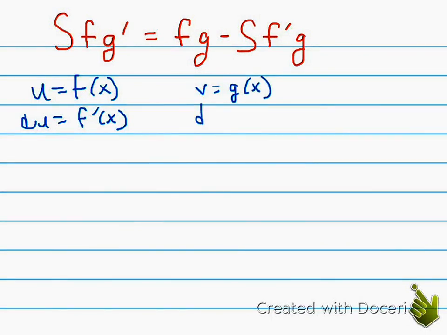Then dv will equal g prime of x. So now we rewrite what's up here in red using u, du, v, and dv, and we would get the following.